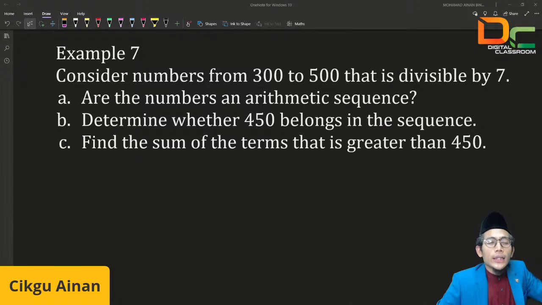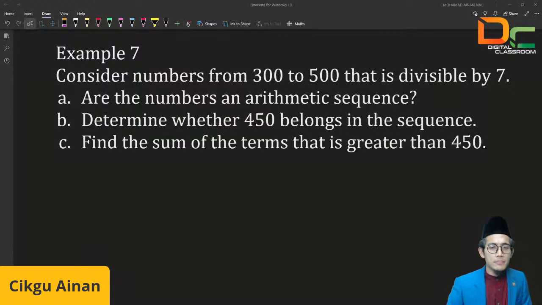Ya. Okay. The next one is: consider numbers from 300 to 500 that are divisible by 7. Now, previously the word that we found is multiple of 3. Betul? Soalan berapa tadi? Multiple of 3. Yang ini adalah divisible by 7.